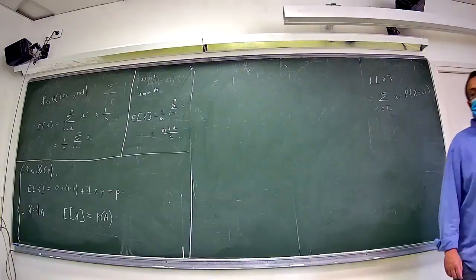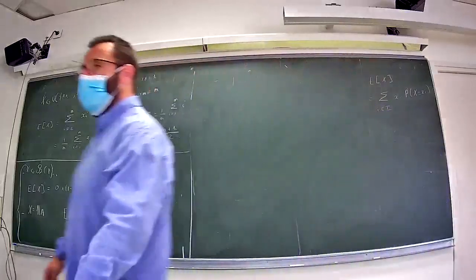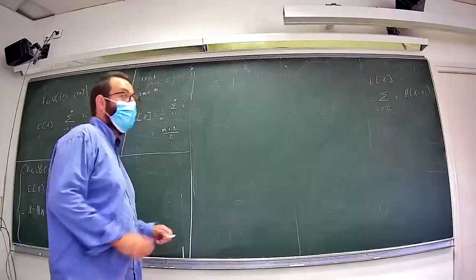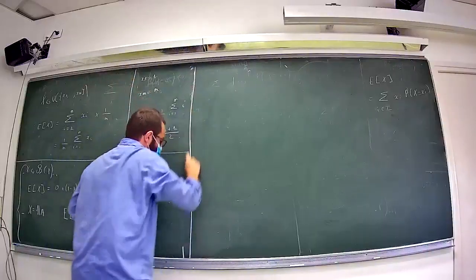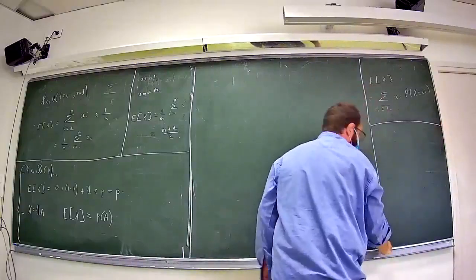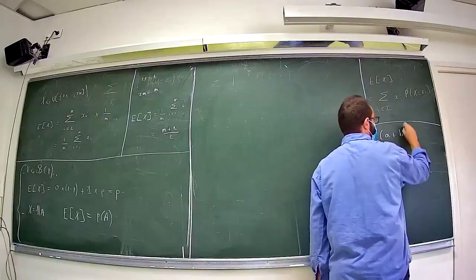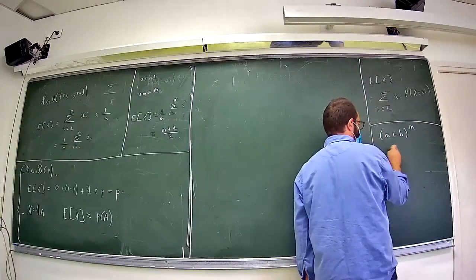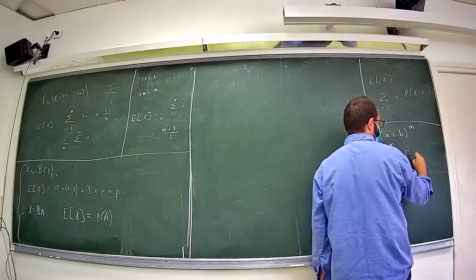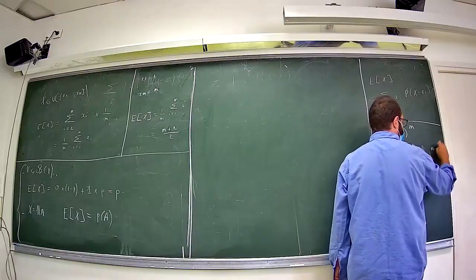The binomial. So when I have the binomial in mind, I have said to you that you always write the following little formula. In the case of a binomial, so here you have the definition of the expectation, I have used (a plus b) to the power n, that is equal to the sum from k equal to 0 to n, C(n,k) a^k b^(n minus k).